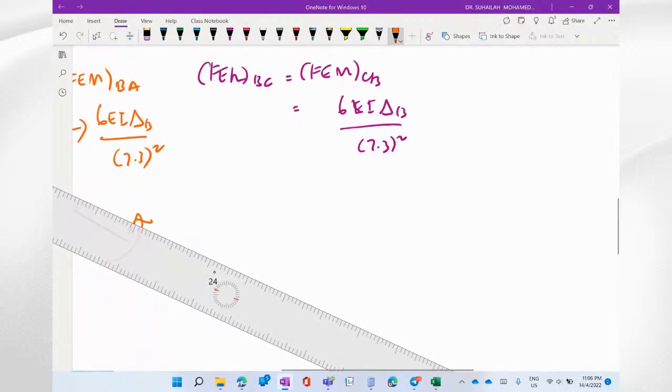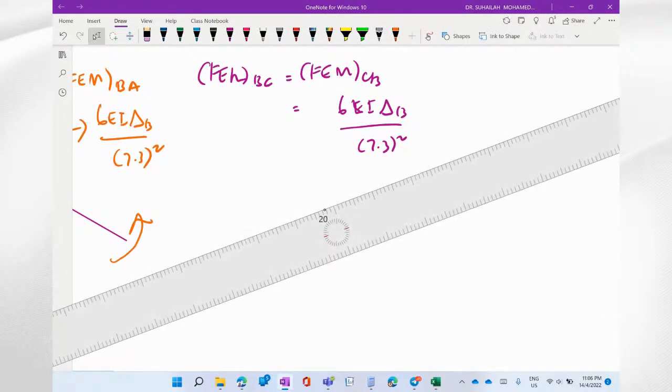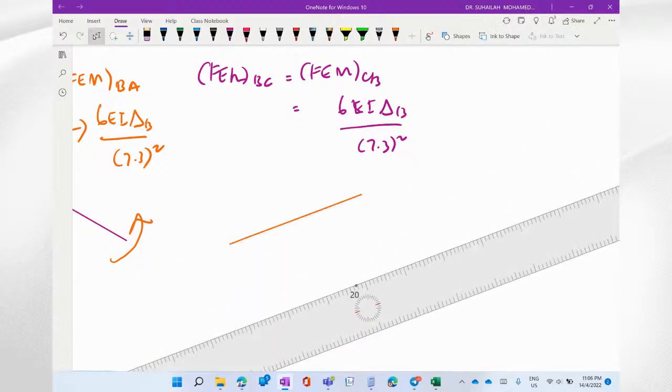And for BC, having this as the beam after settlement, to move back to straight position, we will apply moment like this. So the moment here is positive.